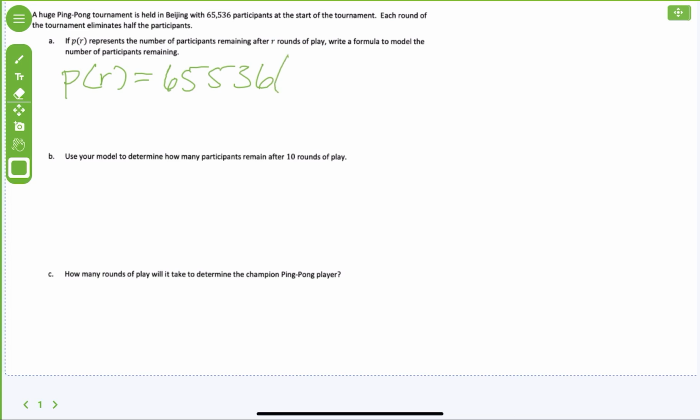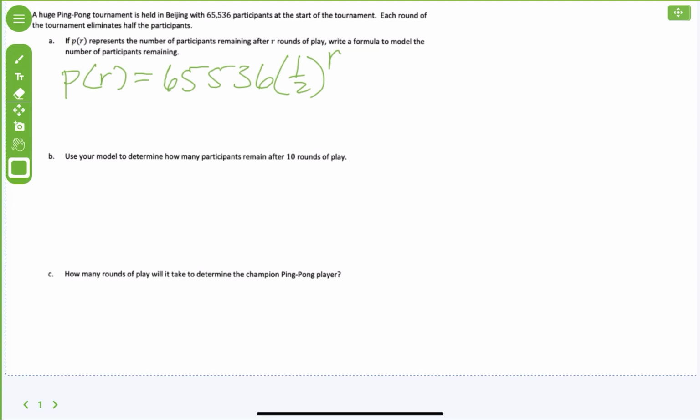Okay. Now it says that after each round, that's going to eliminate half of the participants. So we would write that as times 1/2, and R is going to be however many rounds we played. Okay. So at 0 rounds, before anybody's played yet, there's going to be 65,536 participants.